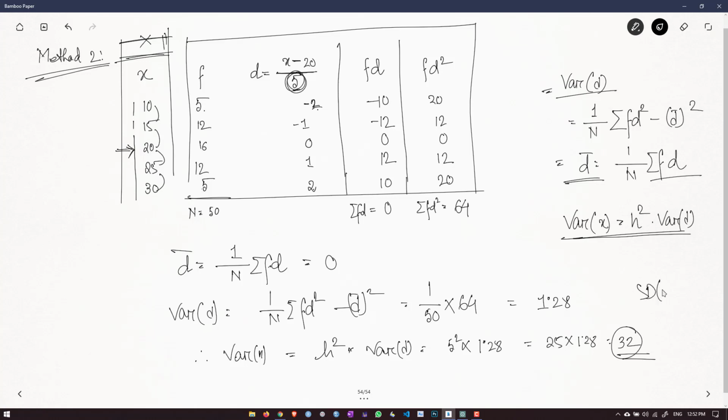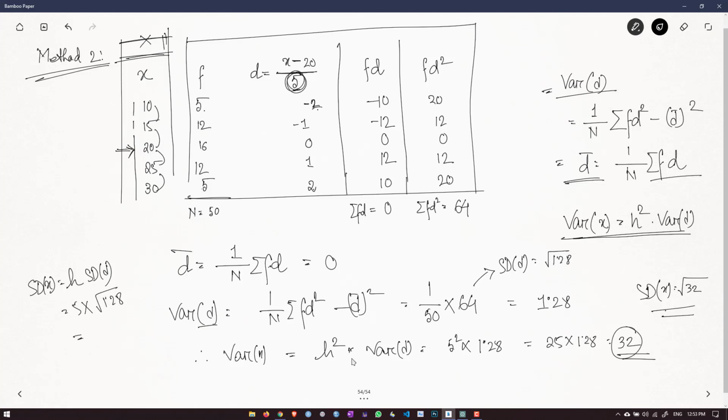Now you can find the standard deviation of x by simply taking root over 32. Or if you want to shorten the calculations, you can directly calculate the standard deviation of x. Standard deviation of x will be h times the standard deviation of d. So from the variance of d, you directly calculate the standard deviation of d, which is root over 1.28, and in the last step you just multiply by 5 into root over 1.28.